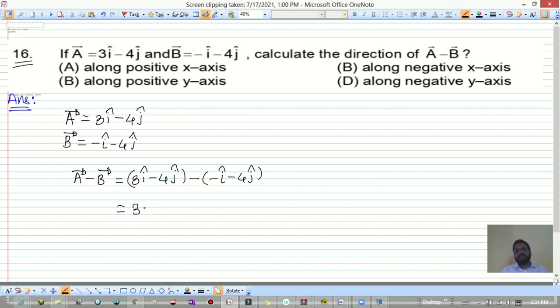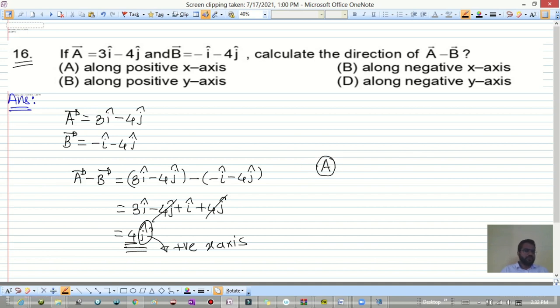If you multiply with the minus sign, you will get plus i hat plus 4j hat. So the 4j hat gets cancelled. We'll have 4i hat. This i hat indicates the positive x-axis, and this 4 represents the magnitude. So direction will be along the positive x-axis. So option A will be the correct option over here. So positive x-axis, option A.